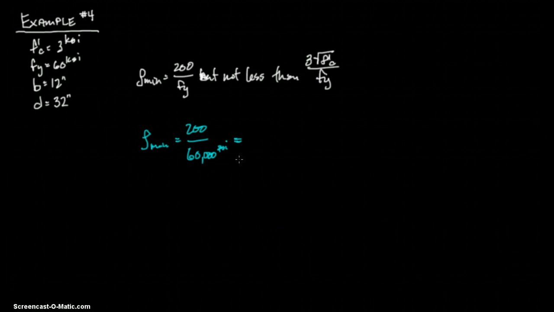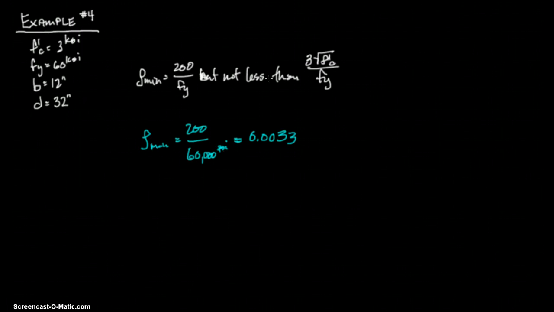But let's go ahead and figure out what this is for the beams in the ACI. 200 divided by 60,000 equals 0.003, and that's 3 repeating. And that's the ratio of steel.